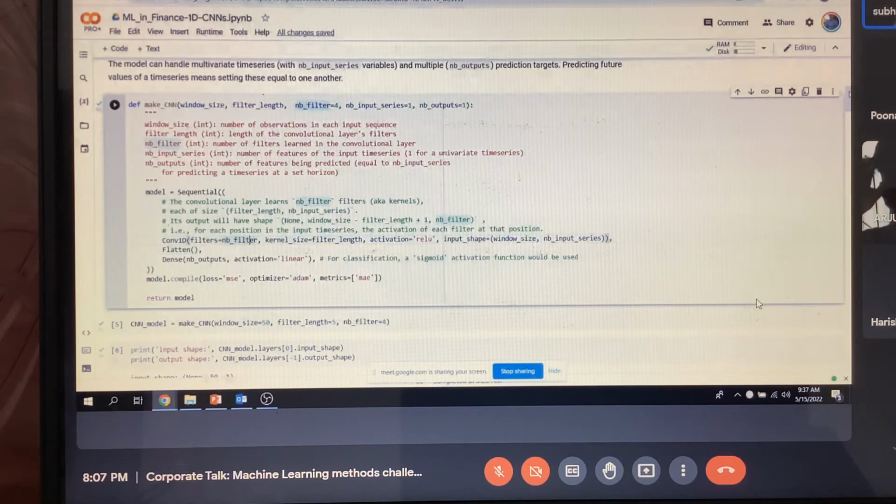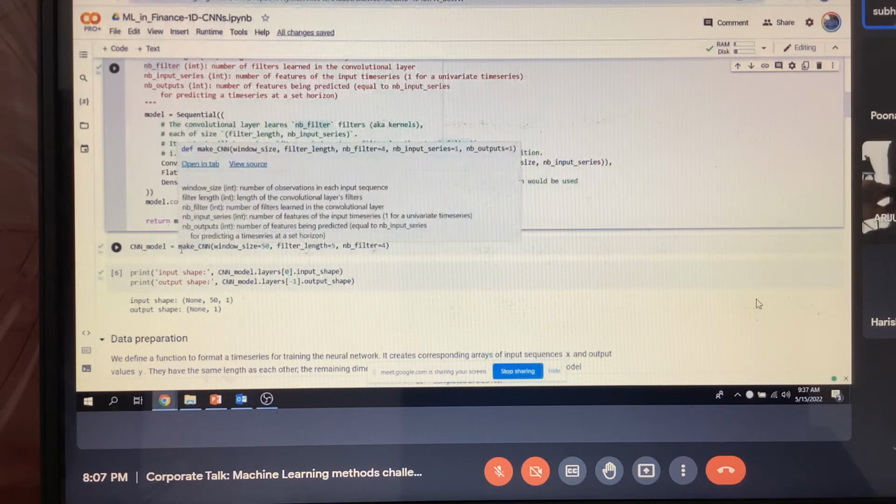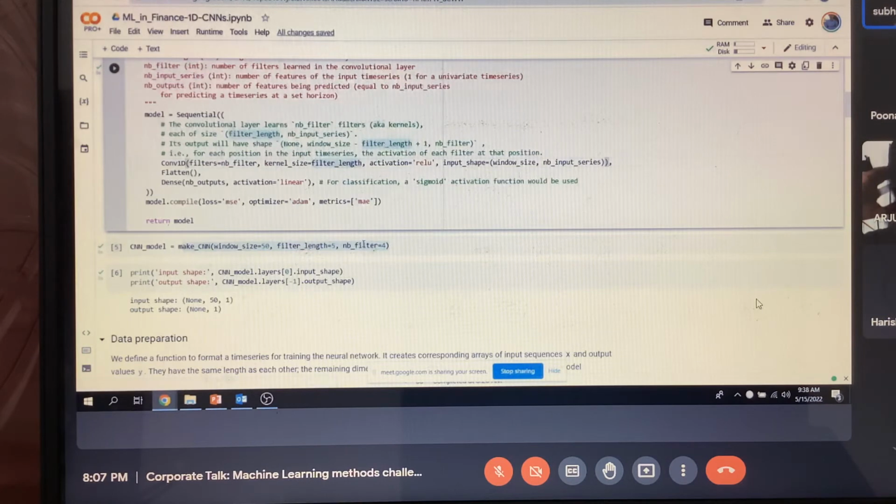Let us see the simplest one layer. Here we run this. This was the function we had defined. Now we call the function and pass it arguments: a window size of 50, filter length of 5, and 4 filters. The previous function we saw, we were not calling it.